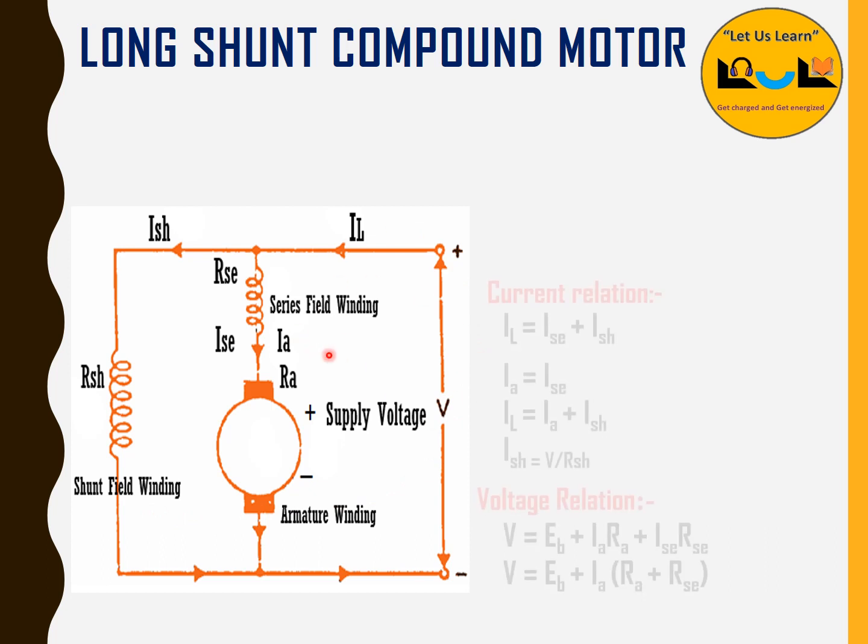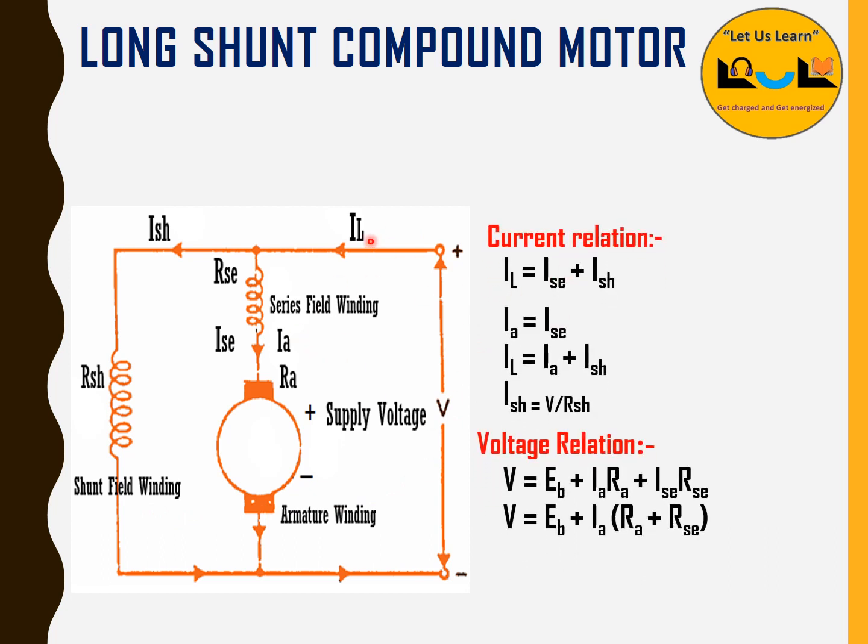So here the current relation is IL is equal to ISC plus ISH. ISC is the series field current, ISH is the shunt field current. IA is the armature current, that is equal to ISC, since the armature and the series field winding are connected in series, so the same current will be there.